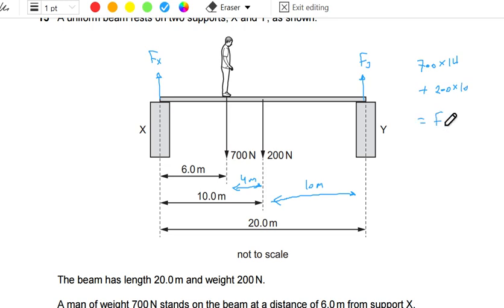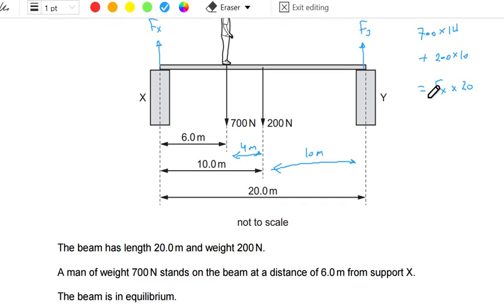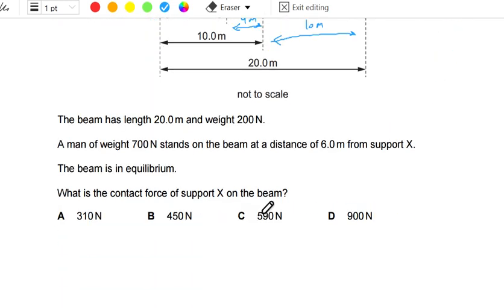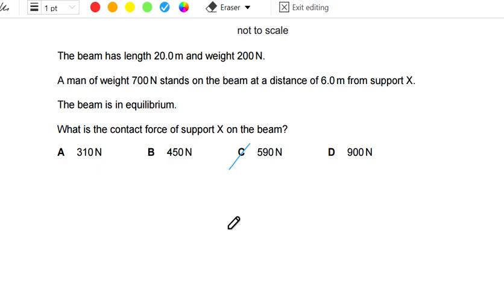This equals Fx, okay, because it is in the clockwise direction, times the distance 20. Okay, you can rearrange and calculate Fx.